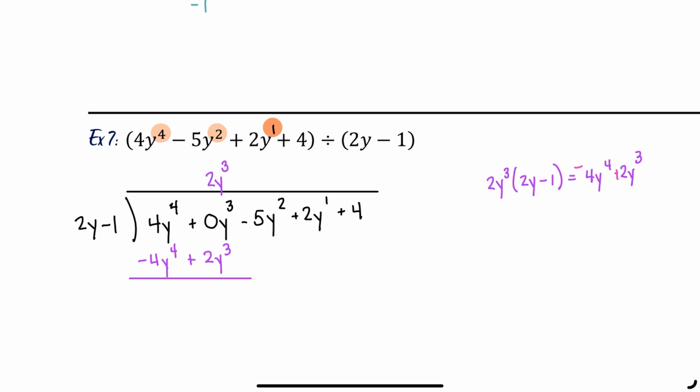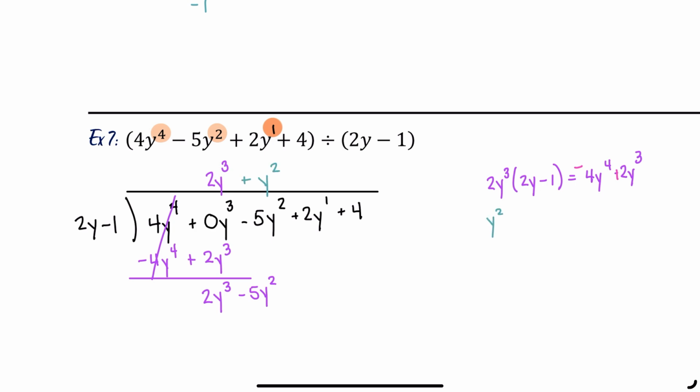Then I start my subtraction, and my 4y's to the 4th will cancel out, leaving me with 2y cubed minus 5y squared on the bring down. I'm ready to start over. I'm going to take my 2y cubed divided by 2y. That's going to give me 1y squared.